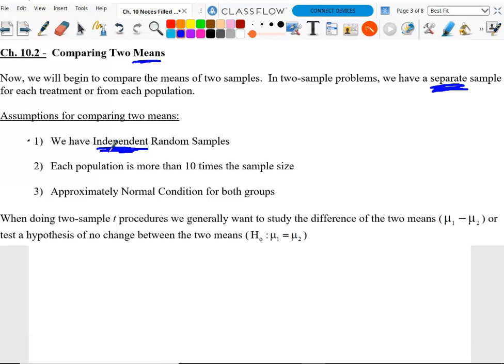And not gonna lie, that's one of those that took me a while to get good at. I missed many a problem trying to decide if these two samples were independent or not. I'll talk about it a little bit, but it's rough. Do your best. Worst case scenario, you do a matched pairs problem as a two sample problem.